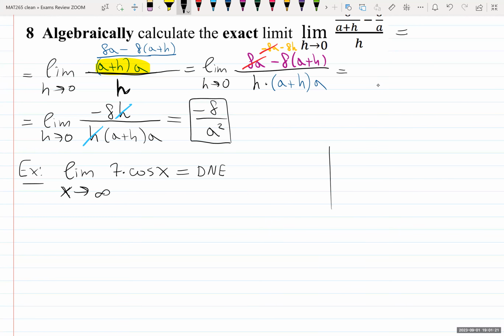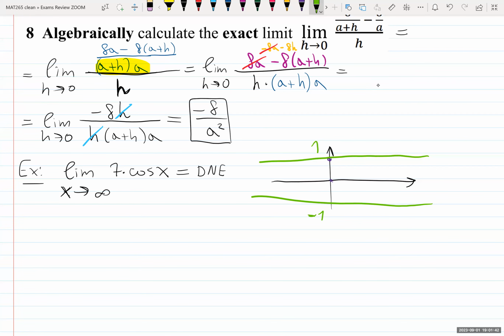And the way I can explain it is when you graph it, and we all know how sine and cosine look like. Those are just waves. One is going up here at 0, that's cosine, and one is going through 0, that's sine. My point is, in the long run, cosine and sine are stuck in a tunnel from -1 to 1. In this case, it's multiplied by 7, so from -7 to 7, right?